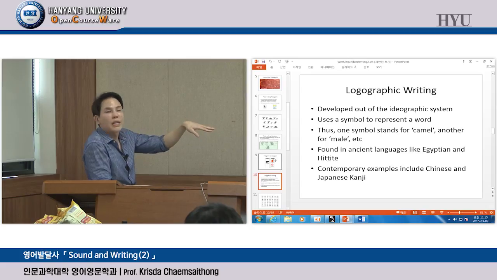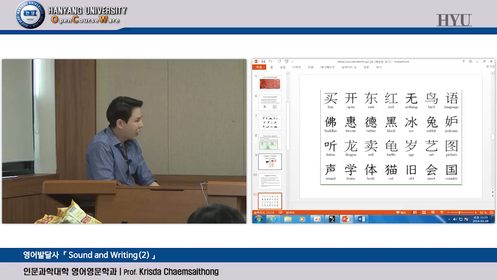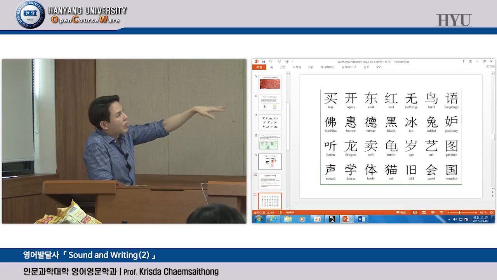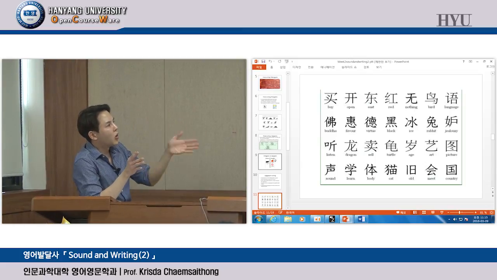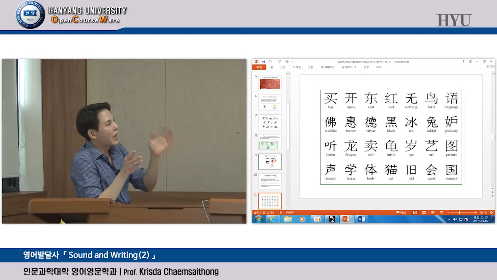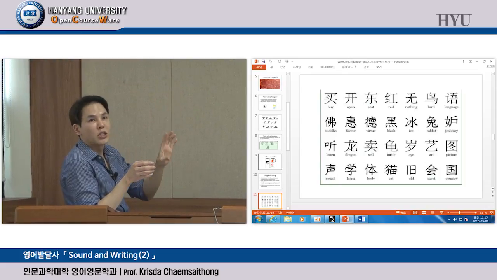You might find this in ancient languages like Egyptian or Hittite, but you also have contemporary examples like Chinese and Japanese kanji, which developed from Chinese also, right? For example, here, for each word, buy, open, east, read, nothing, bird, language, Buddha, you have to learn a specific character for each word, right?